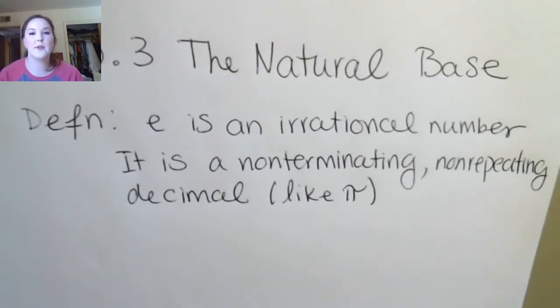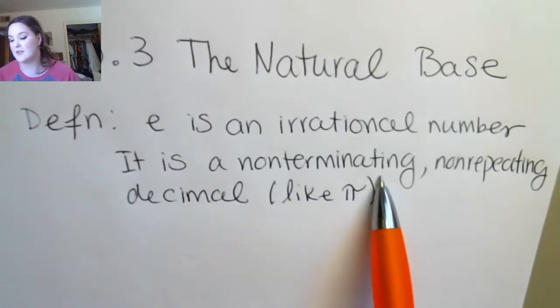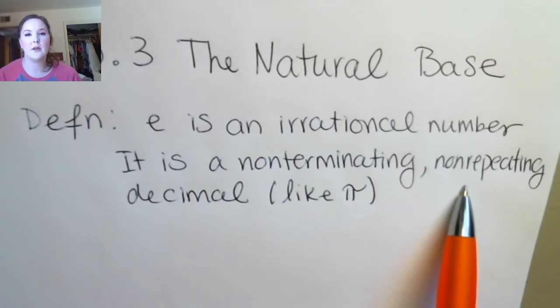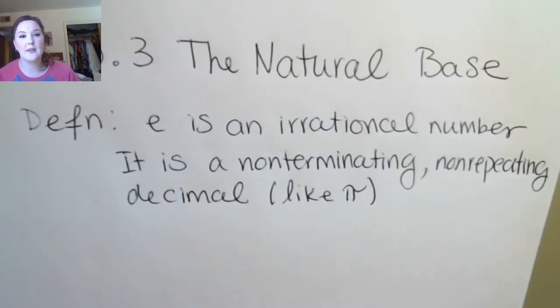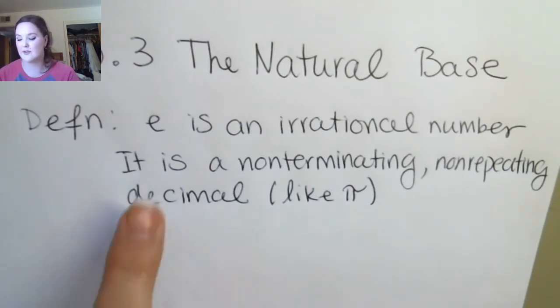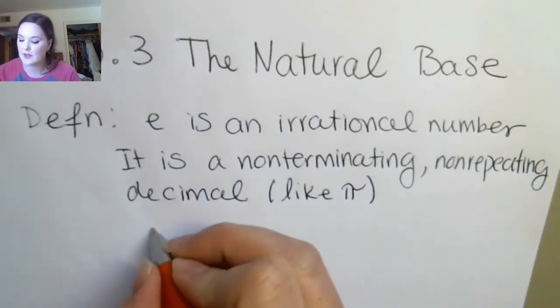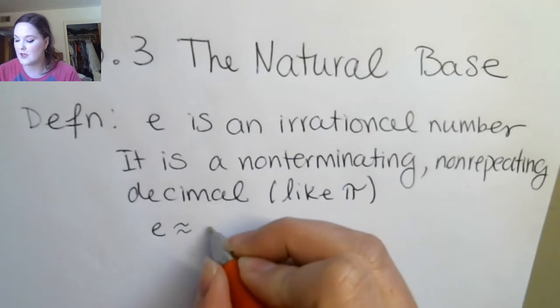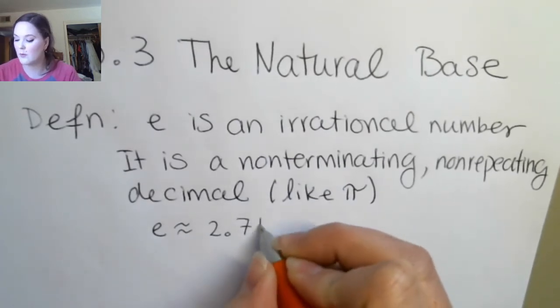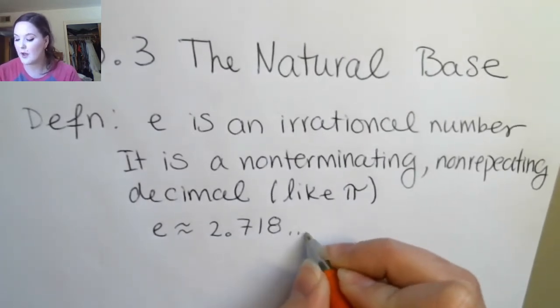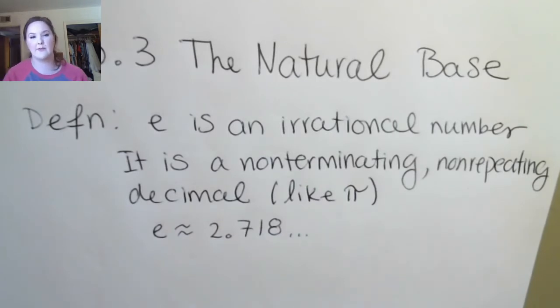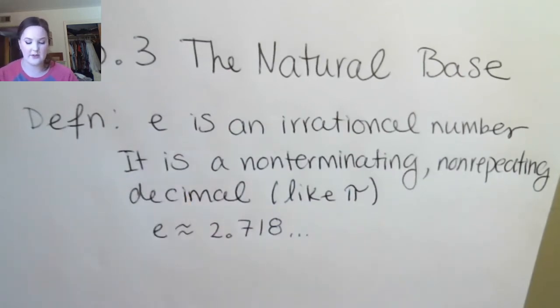It's an irrational number, which means that it's a decimal that doesn't ever end or repeat. It's a lot like pi in that respect. And just like pi, it comes up so much that we have a symbol for it. The first couple digits of E are 2.718. Then it continues, but it never repeats. We use the letter E.